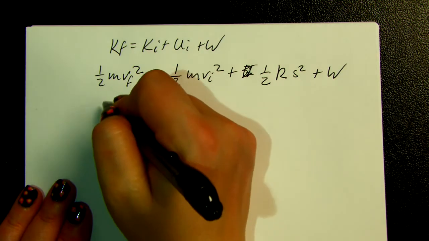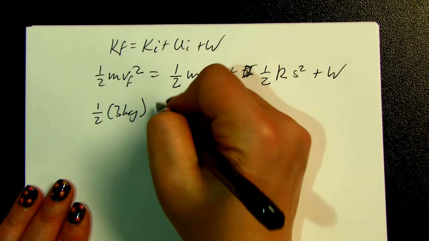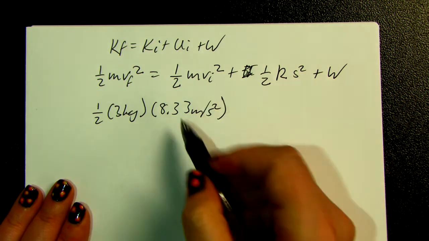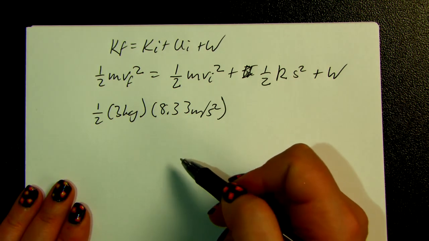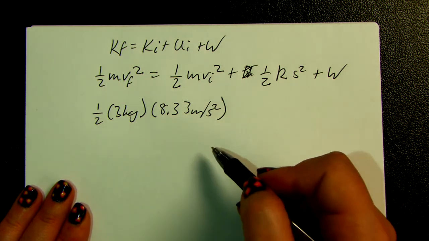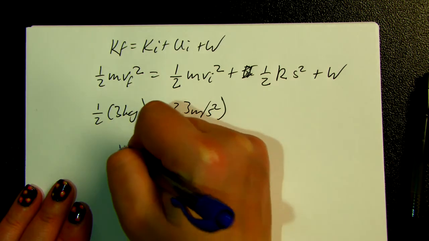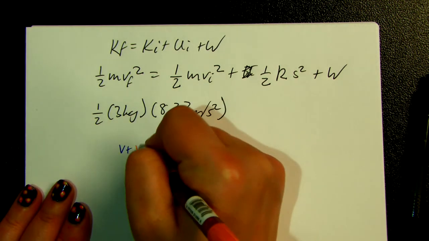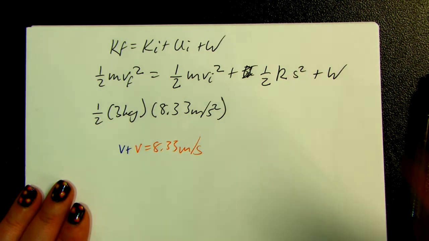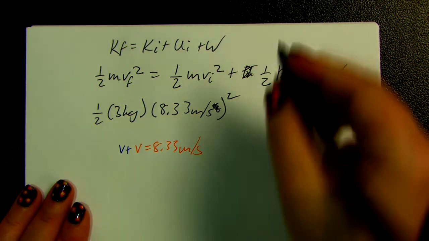All right, so let's plug in numbers. 1/2 times 3 kilograms times 8.33 meters per second, squared. So that includes the 0.33 meters per second we calculated from the previous setup and the 8 meters per second that it's moving. So v is equal to 8.33 meters per second, and that squared's supposed to go there.